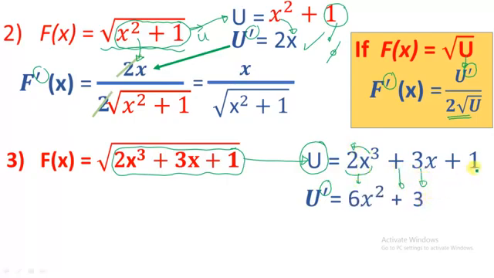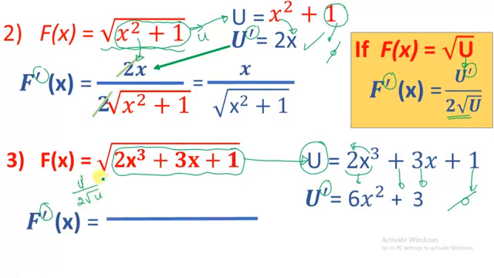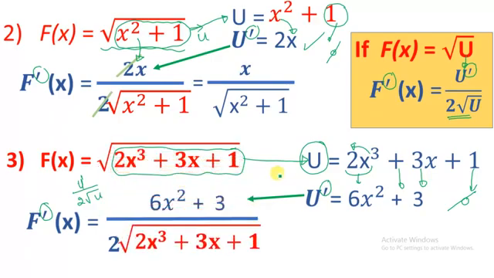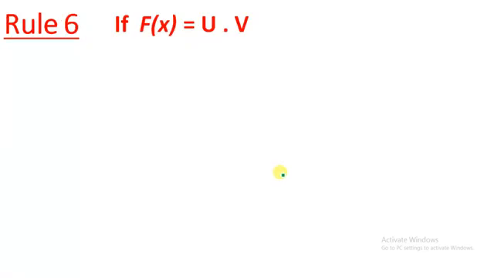It is 3, and the derivative of 1 is 0. Now we will apply the rule. Then f prime of x, which is equal to u prime over 2 radical u, is 6x squared plus 3 over 2 multiplied by the radical we have, radical 2x cubed plus 3x plus 1.